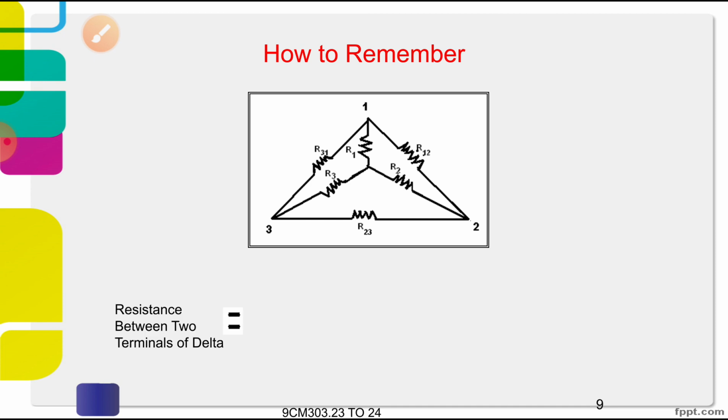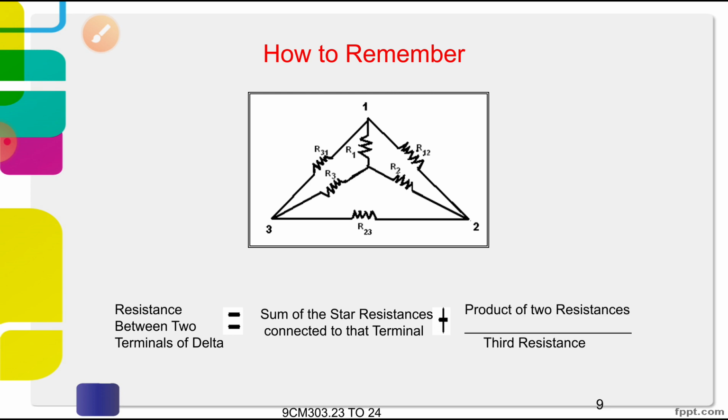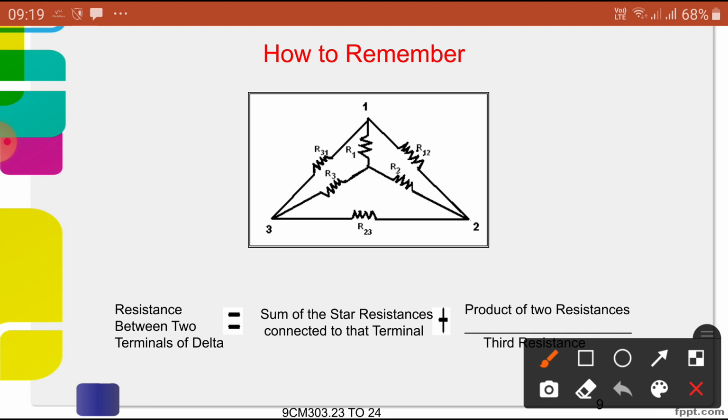The resistance between the two terminals is equal to, simple, the sum of the star resistances connected to the terminals plus the product of two resistances divided by the third resistance. Here what happens? I want to know that this resistance is equal to the sum of the total values divided by the opposite value.